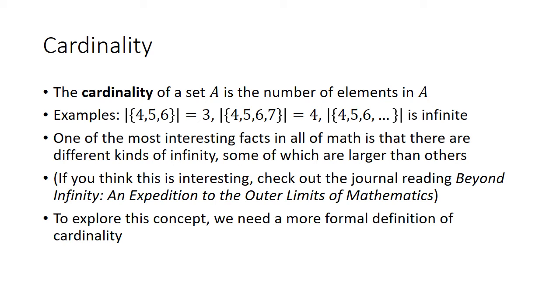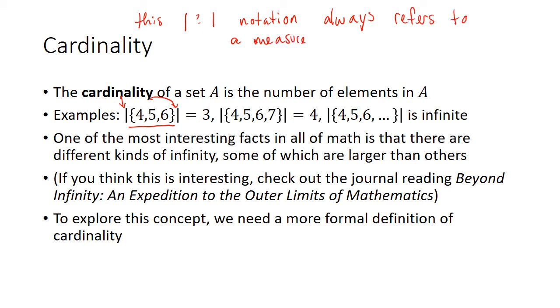So for example, if we want the cardinality of the set containing 4, 5, 6, it's written like this. You just write it with these little lines, like an absolute value sign. So whenever you encounter something that looks like the absolute value in math, this notation always refers to some type of measurement of size, and that could be different in different contexts.